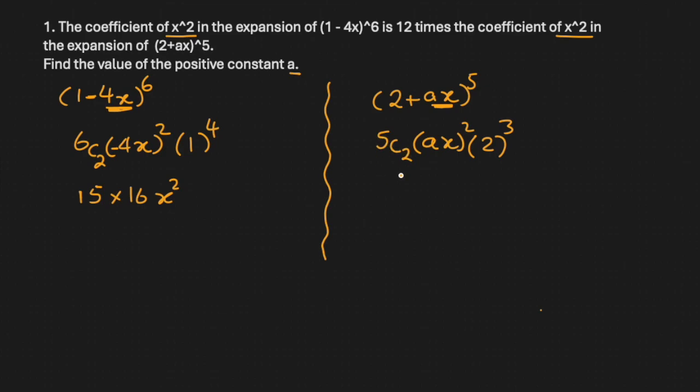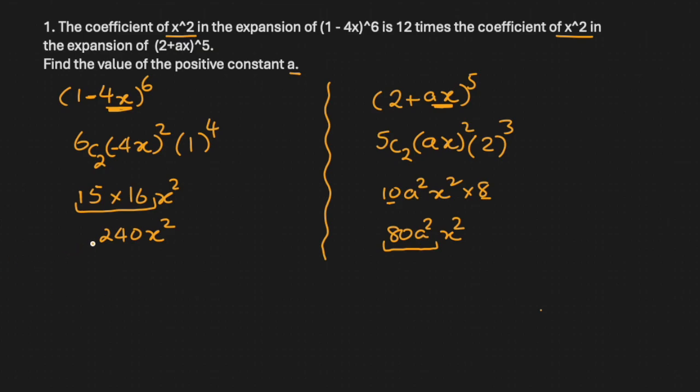So 5c2 is 10, a square will be there, x square is x square, and 2 cube is 8. And now the coefficient of this, 16 times 15, is 240. Yeah, 240 x square. This will be 8 times 10, 80 a square x square. So this is the coefficient of x square.